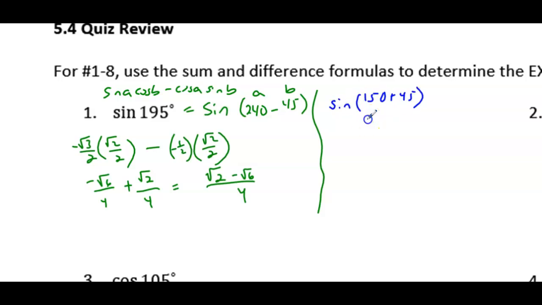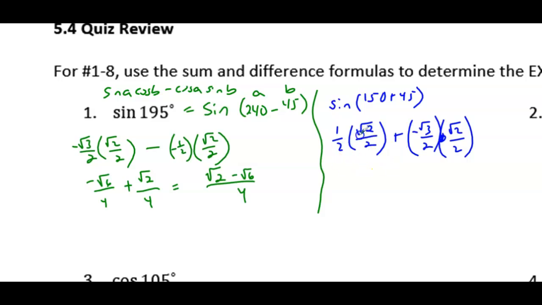This time it's sine of A plus B, so you have sine of A, 1/2, times cosine of B, radical 2/2, plus cosine of A, which would be negative radical 3/2, times radical 2/2.